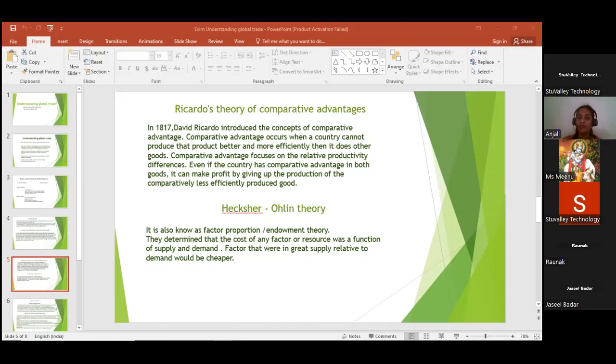So instead, we can produce a large amount of tea, where our expertise is more, rather than focusing on sugar. We can import sugar from another country where they have expertise and can grow faster than us. That type of trading is called comparative advantage.